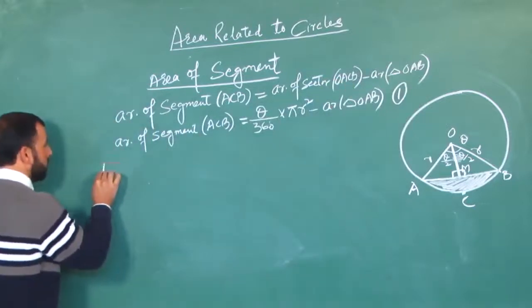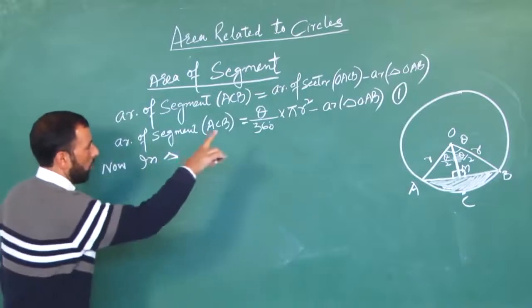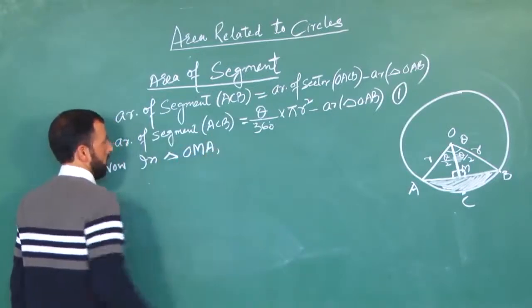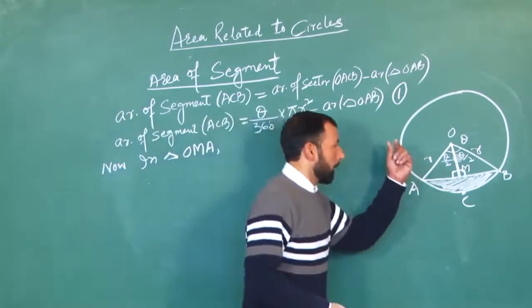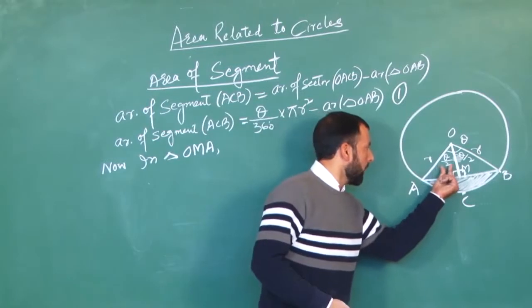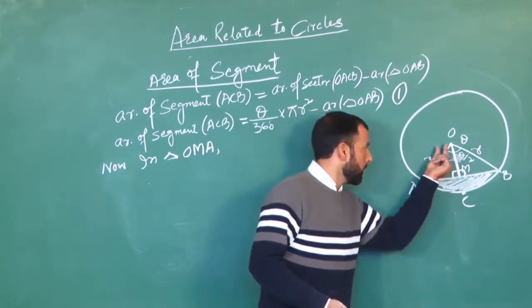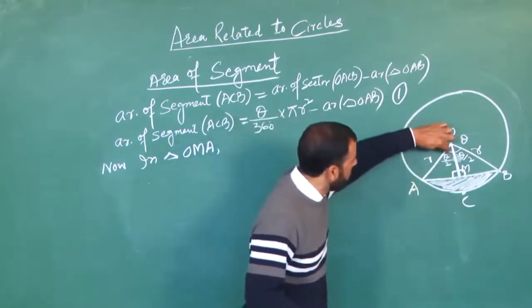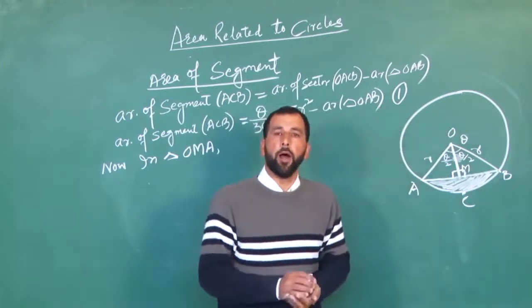Now in triangle OMA, we use trigonometric ratios. We have to find the perpendicular and base if we take theta divided by 2 as the angle. So we can apply cos of theta by 2, which equals base upon hypotenuse.